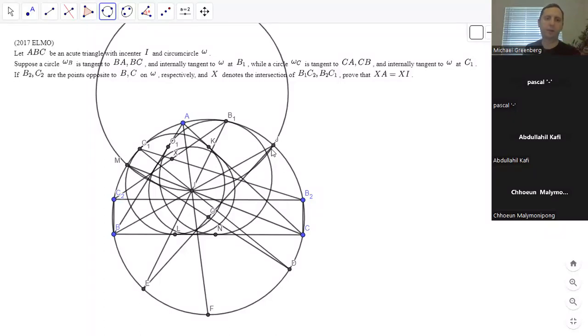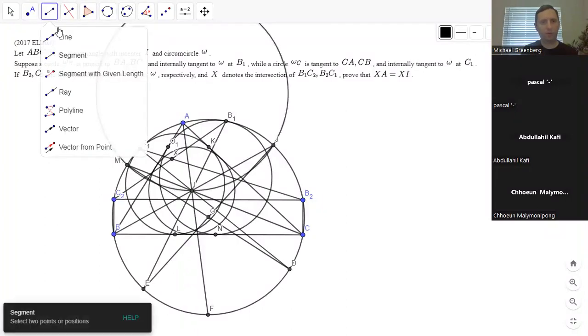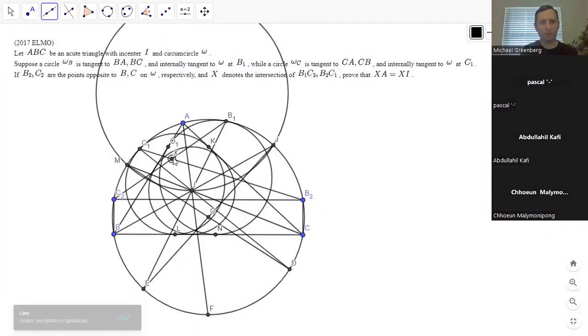Kind of like that idea. But yeah, we just have to figure out how do we find the power of X with respect to this circle. Maybe draw the line XI or something.